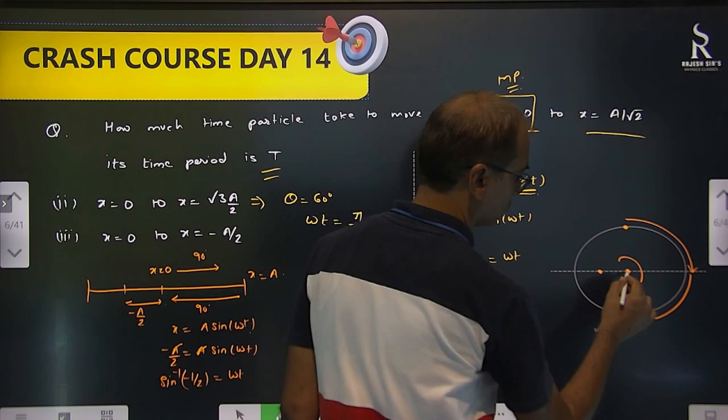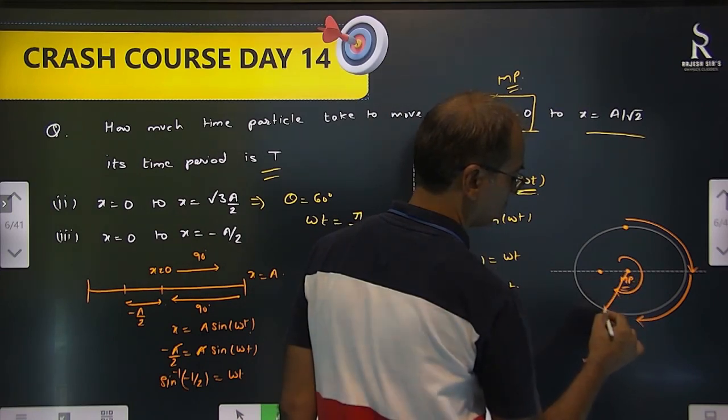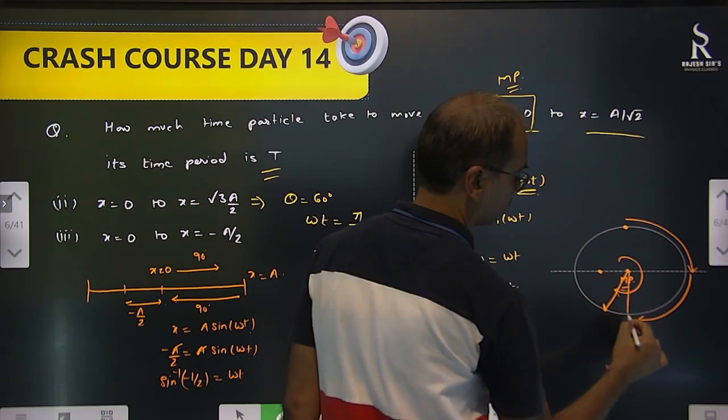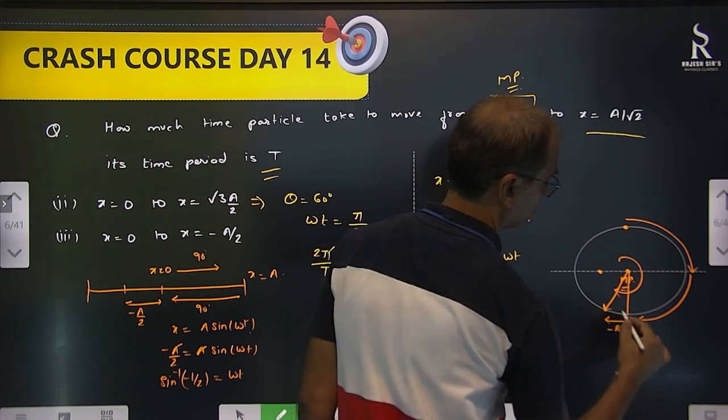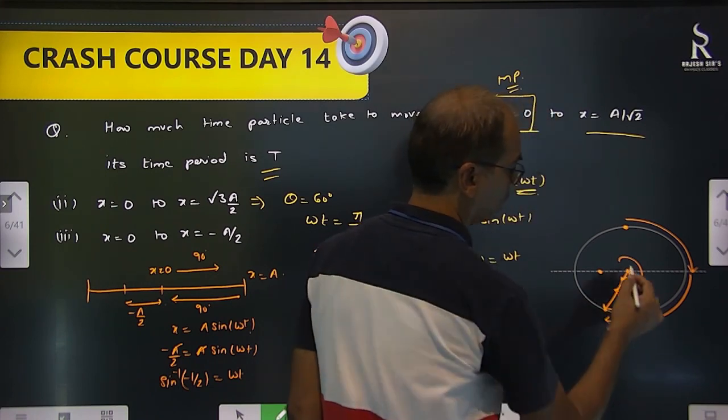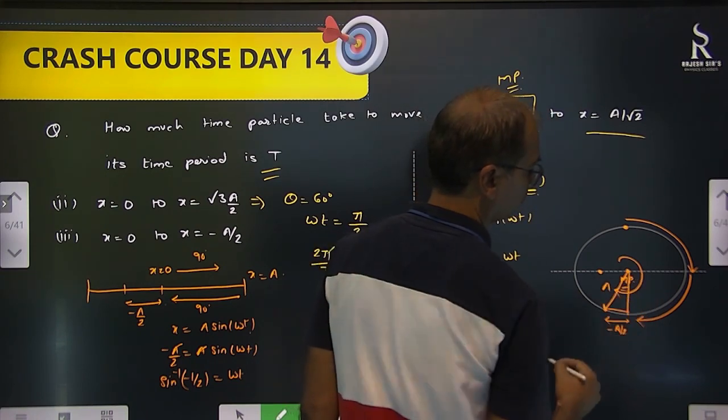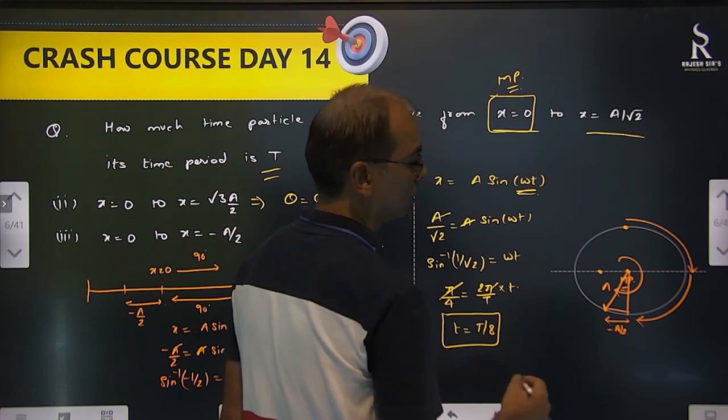Okay, now join this and make this. What is given to us? This is minus A by 2. And what is the radius? A. Radius is A. So what is this angle?